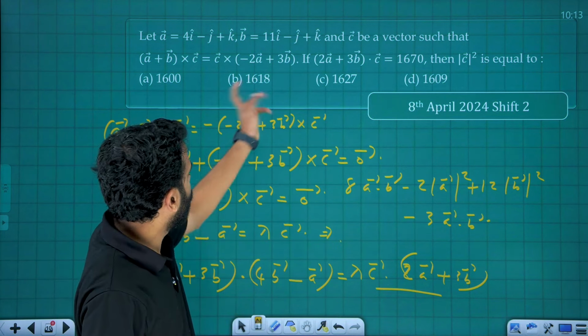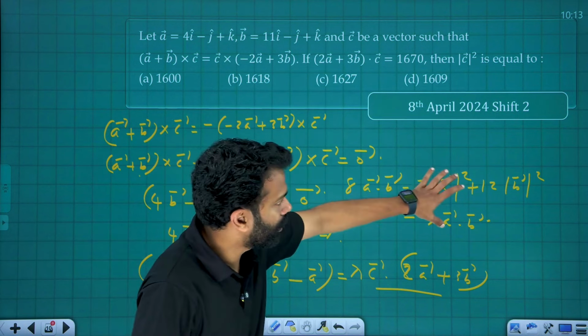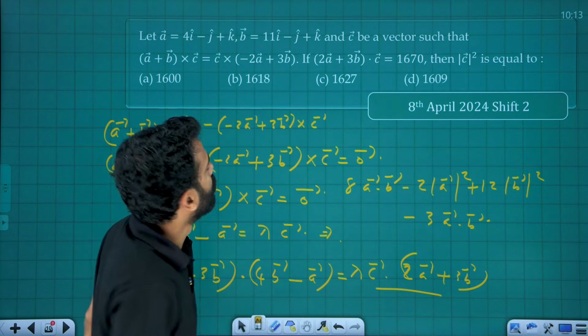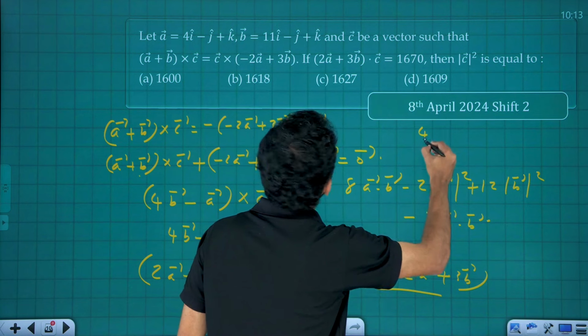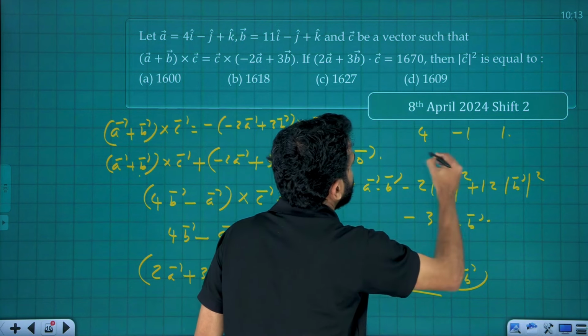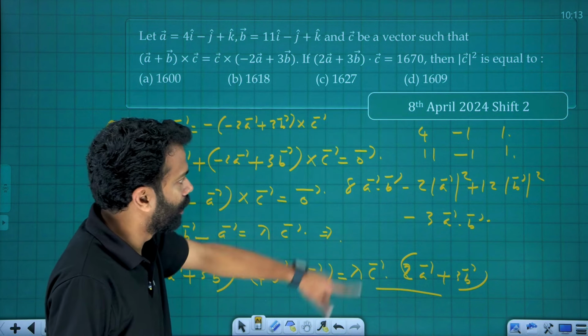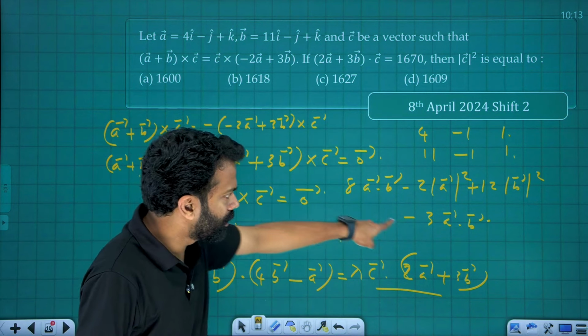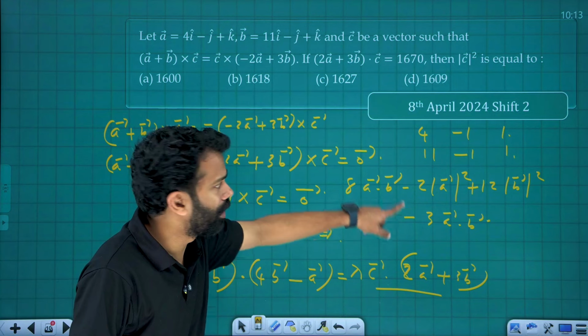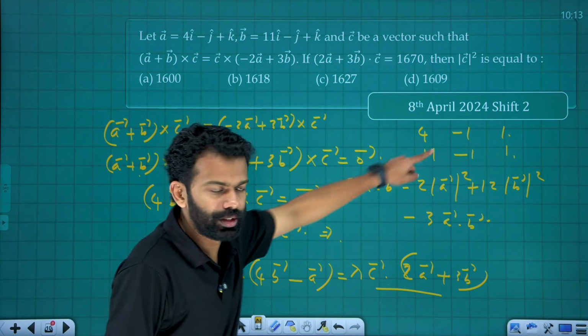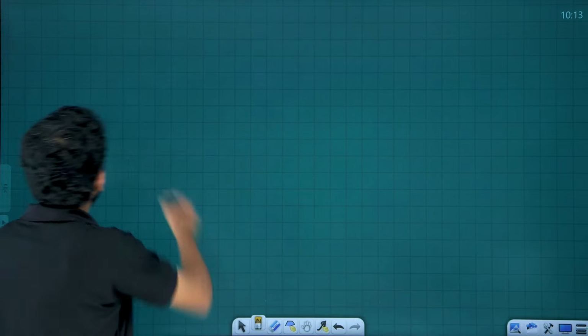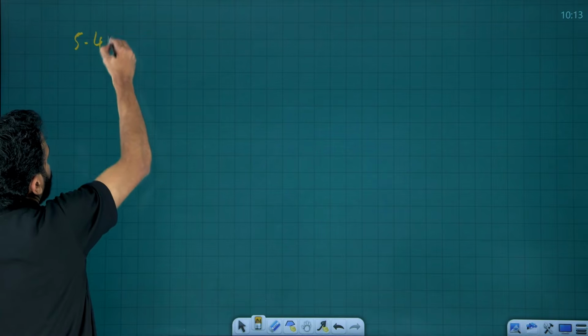We need to find A·B. See, everything here can be found out from this data. Vector A is 4i − j + k, vector B is 11i − j + k, it will be 44 + 1 + 1, that is 46. Therefore it will be 5 into 46.